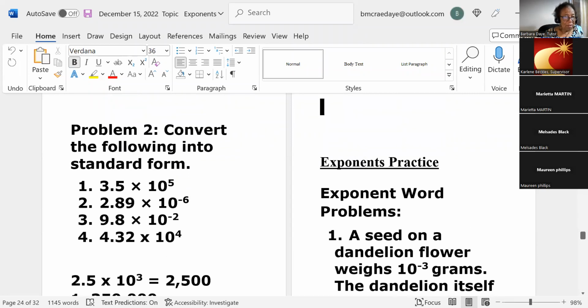Mercedes, last one. Number 4. What's the answer? 4.32 times 10 to the 4th.